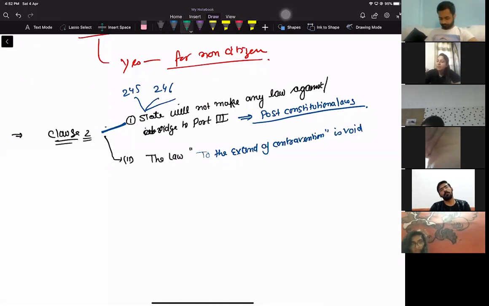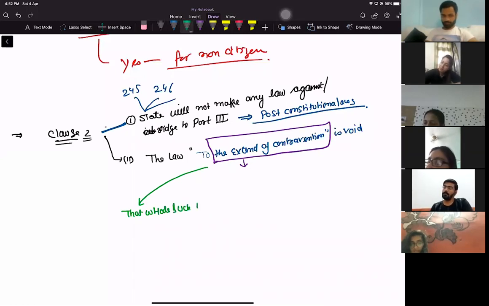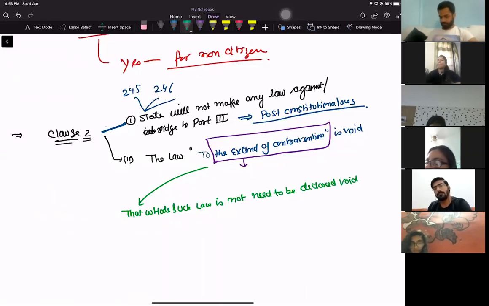And what is the next part? To that extent the contravention is void. What does it mean, to that extent of the contravention? That means that the whole such law need not be declared void.